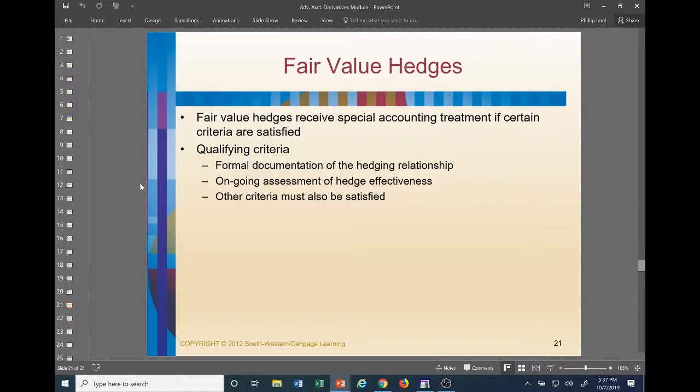A critical criterion is that an entity must have formal documentation of the hedging relationship and the entity's risk management objective and strategy. The entity must indicate the reason for undertaking the designated hedge, identifying the hedged item and the derivative hedging instrument, and explain the nature of the risk being hedged. Now, this criterion must be satisfied at inception and cannot be retroactively applied.